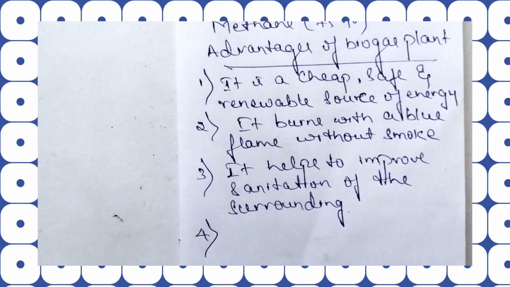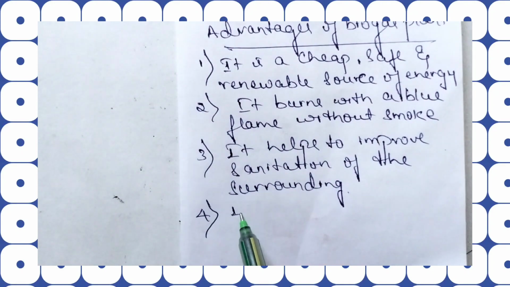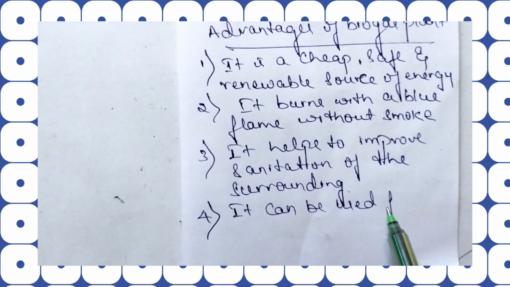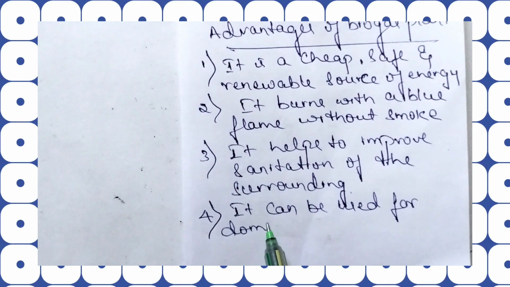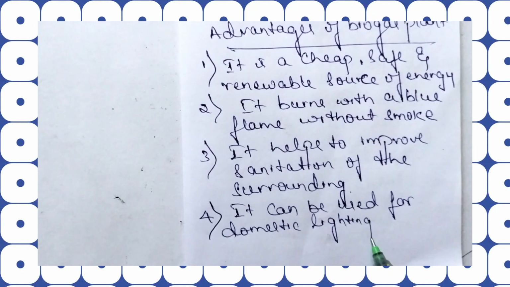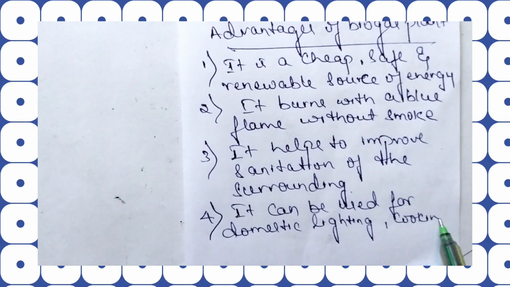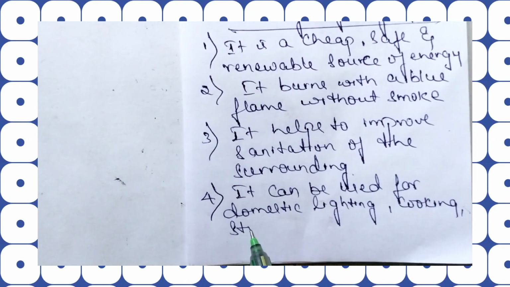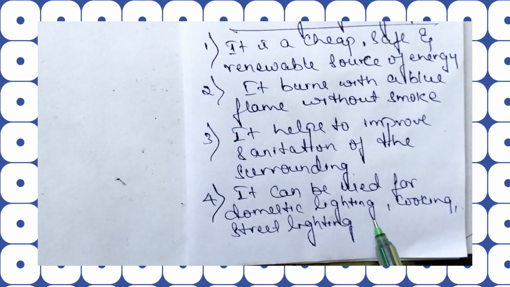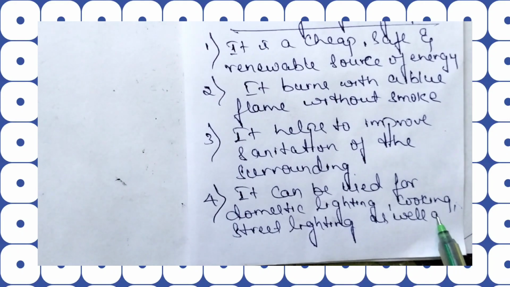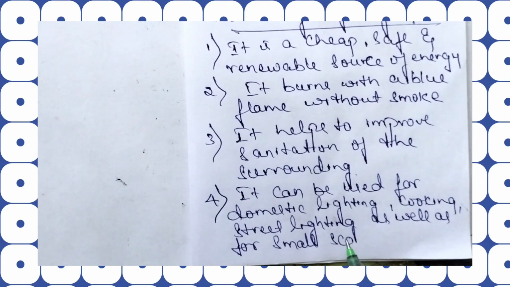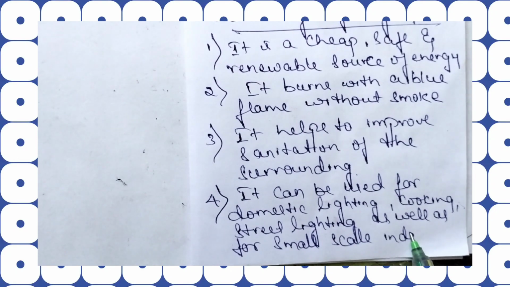And the fourth advantage is that biogas can be used for domestic lighting, cooking, then street lighting, as well as for small scale industries.